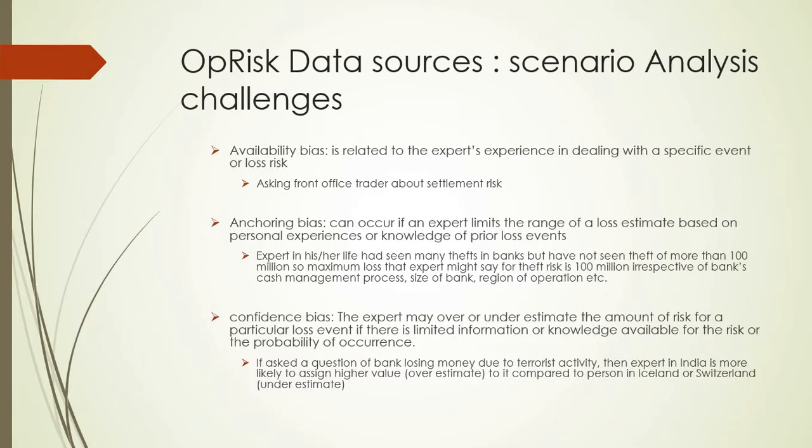Let's move to the next one, which is availability bias. It is related to experts' experience in dealing with a specific event or loss risk. For example, asking a front office trader about settlement risk. They will have limited knowledge. They might be an expert trader, expert in front office processes, but they might never have seen the settlement process, never felt the pain points of that process.